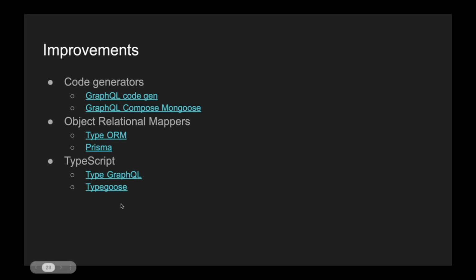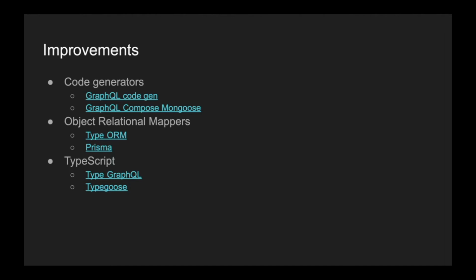So TypeGoose is the TypeScript version of Mongoose, and TypeGraphQL basically will generate a GraphQL schema from TypeScript classes. And what TypeGoose will do is generate a Mongoose schema from a TypeScript class.